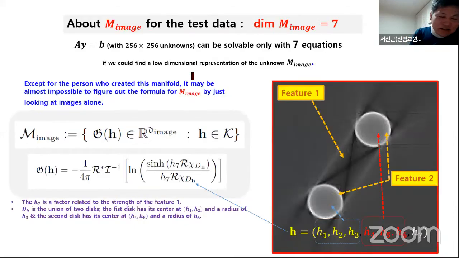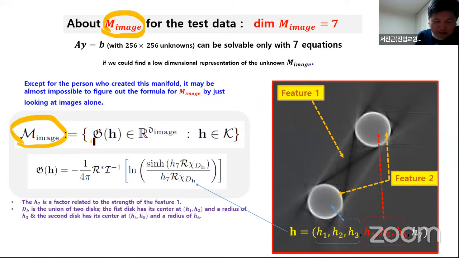Okay, here is about the manifold. This is actually a 7-dimensional manifold. If we know this manifold, you can also solve this underdetermined problem. The manifold is described by this one. This is the generator, and H is the latent space. This is K. H is this 3-term.